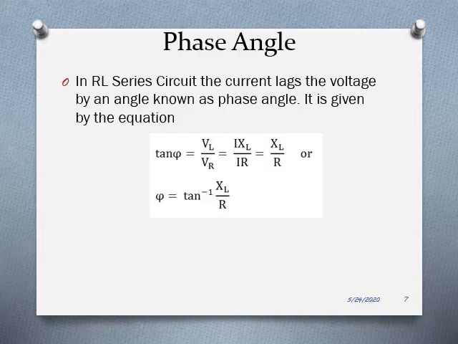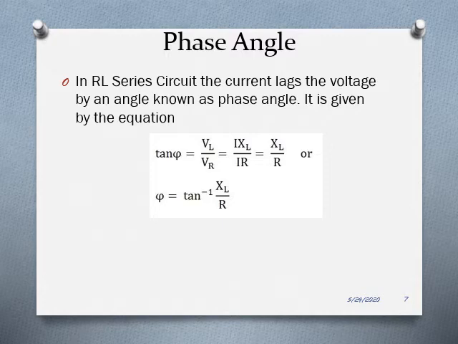Next, we shall calculate the phase angle, that is phi. Phi you may calculate easily from the phasor diagram or from the impedance diagram. In an RL series circuit, we have already discussed that the current will be lagging the voltage by an angle phi. So that can be given by the equation.